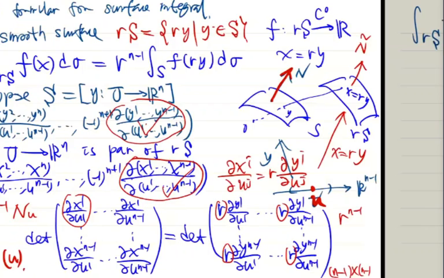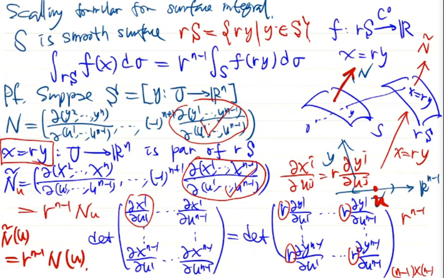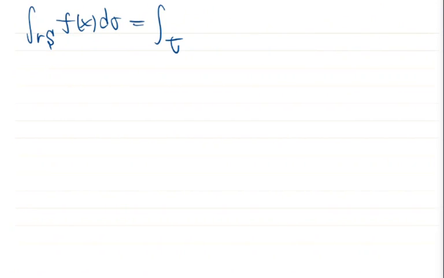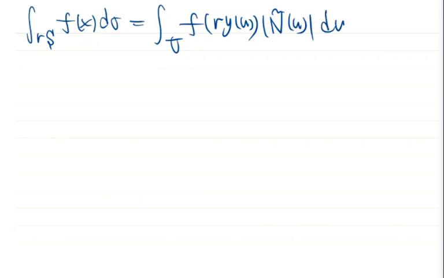With this relation, the result is easy. So we get the integral over rS of f(x) d sigma. By definition, for this surface integral we use the parametrization of rS, that is our map x here. So we should write this as the integral over u of f(x(u)), x(u) is ry(u), then the norm of n tilde(u) du.